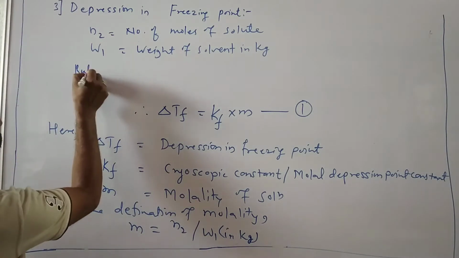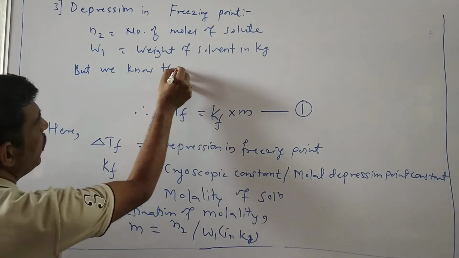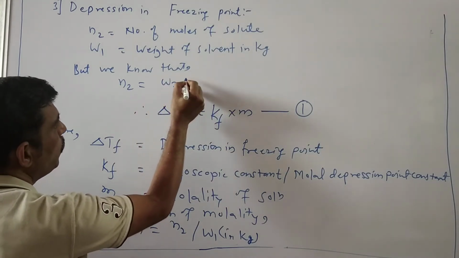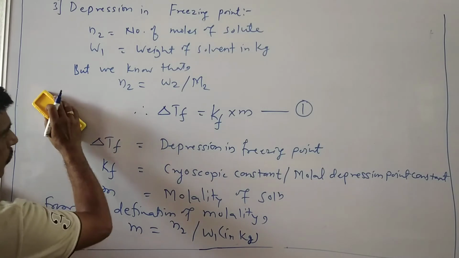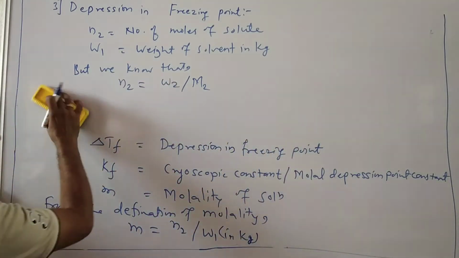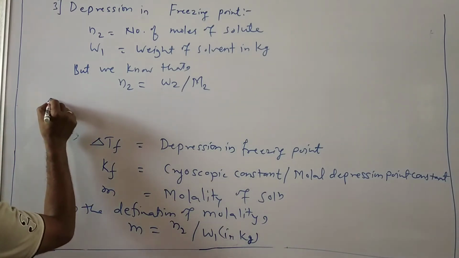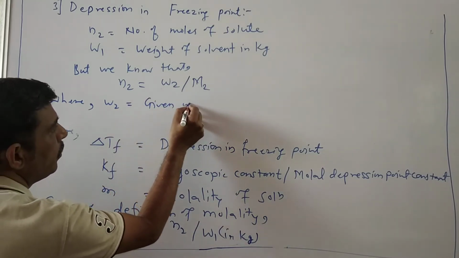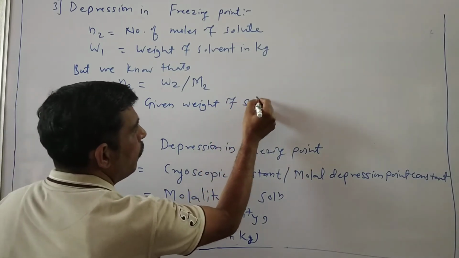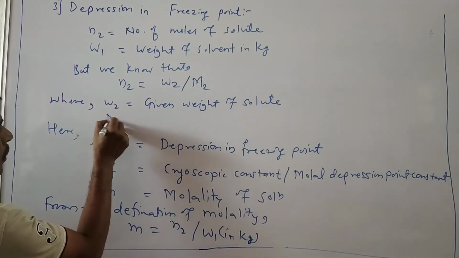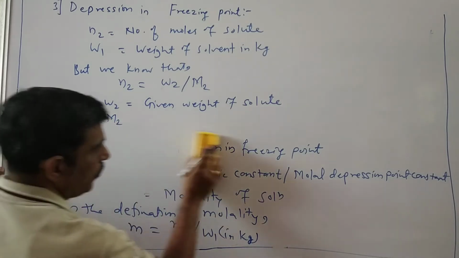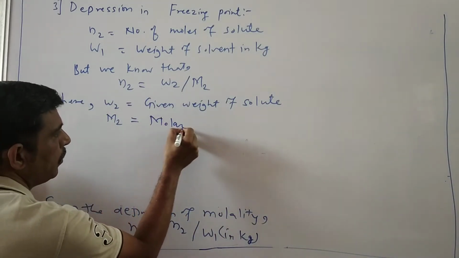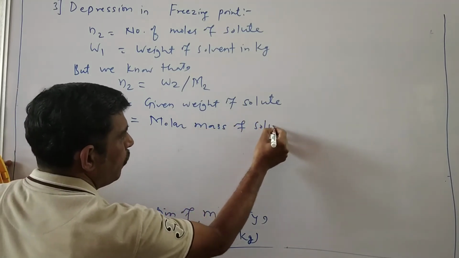But we know that n2 is equal to W2 upon M2, where W2 is the given weight of solute and M2 is the molar mass of solute.